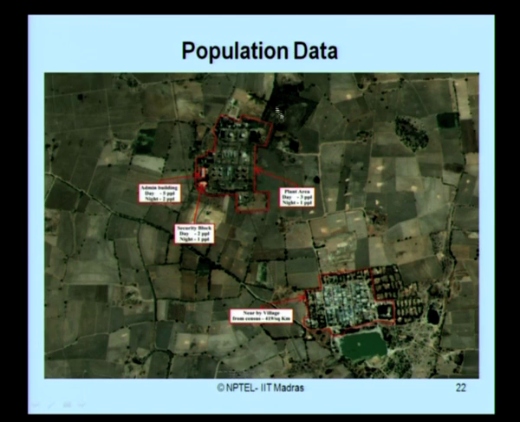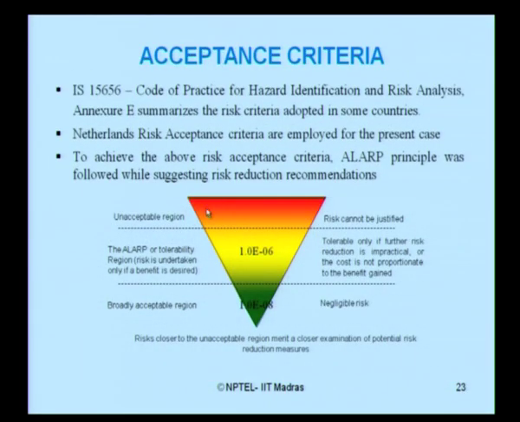I am looking at a GGS, group gathering station, located in this area. I am looking for the effect or the consequence of this leak, if at all it occurs, on the neighborhood village as well. The plant data is available here in different buildings: the security block, the administrative building, the plant area and the nearby village. This figure is worth remembering.